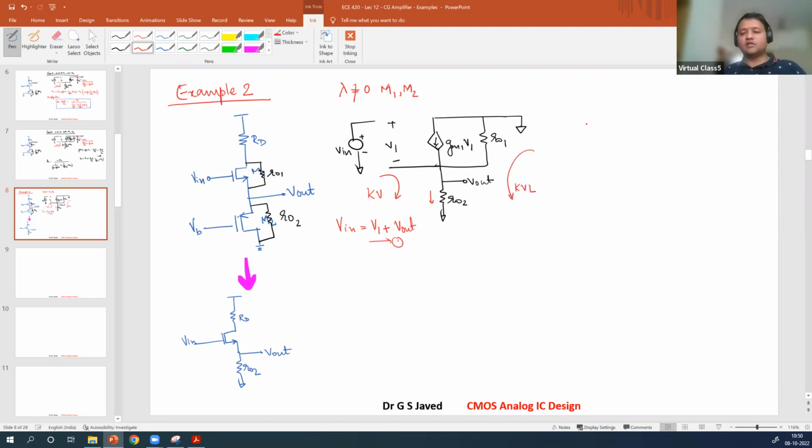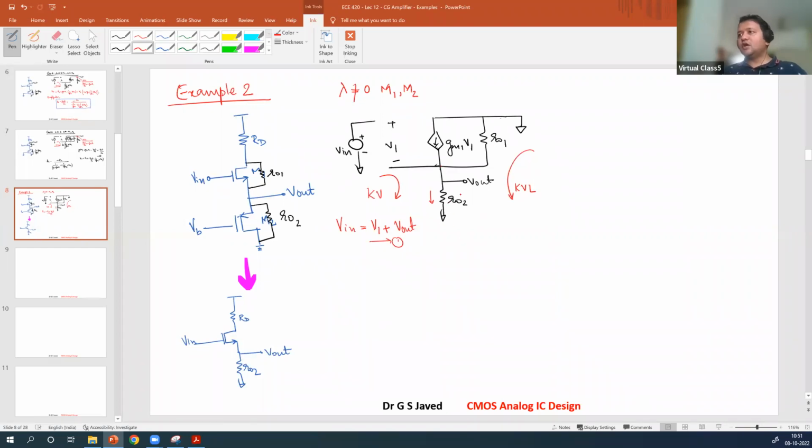Apply this KVL. What is this value? What is the current and the resistor value? So the voltage across these two are the same, right? GM1 V1 into R02. Now if at this point, from this point to the current ground, there is R0. From this point to this, there is R0.